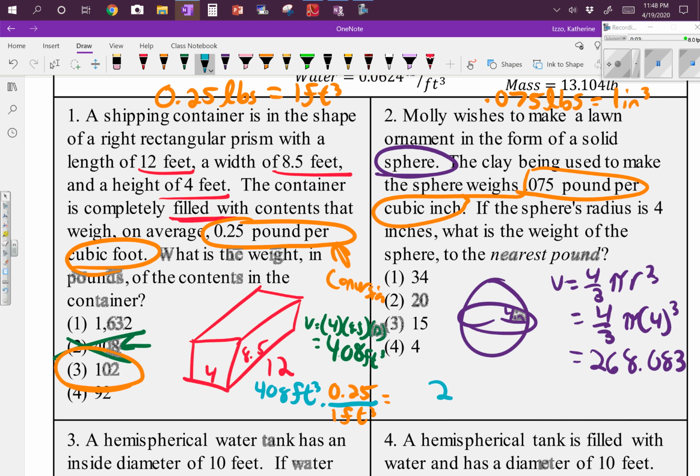We want to take that number and we need to convert it. Now this would be in inches cubed. And we're going to use that orange conversion right there. So 0.075 pounds over 1 inch cubed. Type that in and we should get 20.1. So we get 2 for that answer.